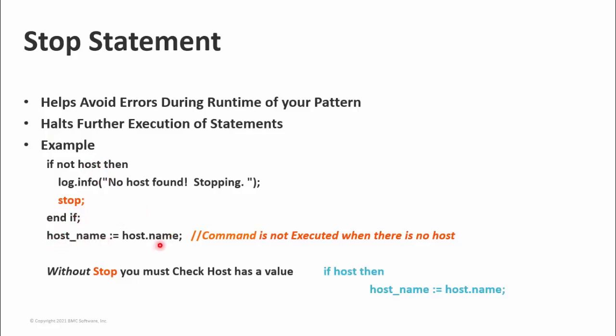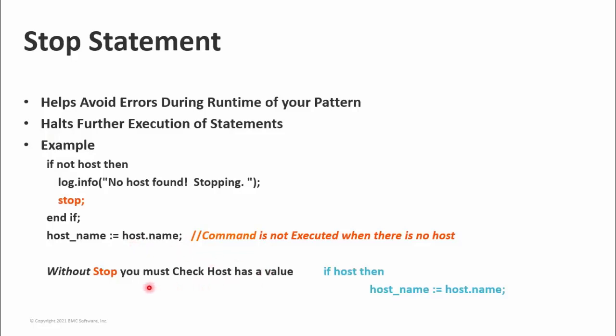And here, we're setting a variable called host_name to be the value of host.name. So this host.name won't be executed if there's no host, and therefore we won't get a runtime error when we're running this pattern saying that this variable has no value.